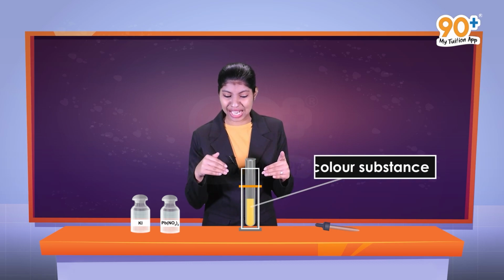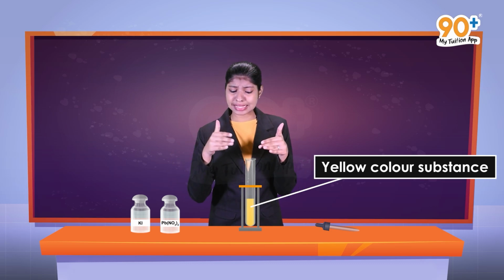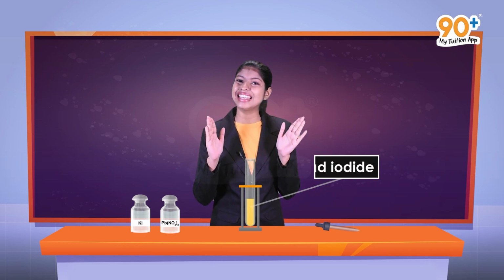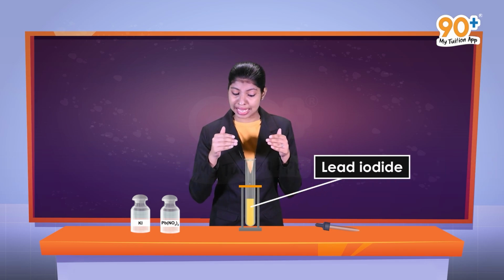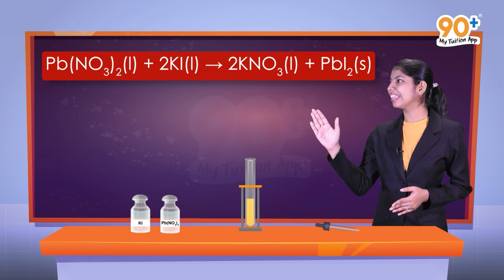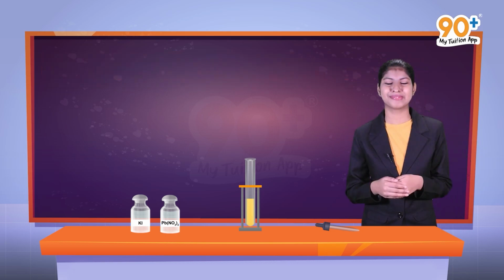Can you see this yellow colored substance formed inside the test tube? What is this yellow colored substance? Yes, it is lead iodide, which is insoluble in water, and the reaction is Pb(NO3)2 plus 2KI gives 2KNO3 plus PbI2.